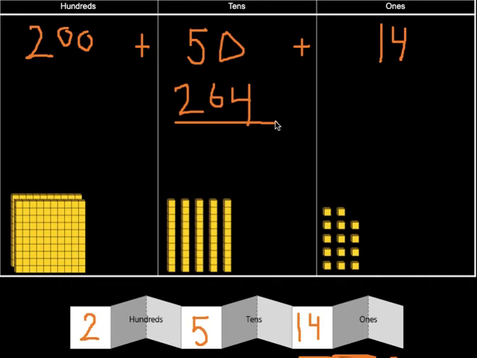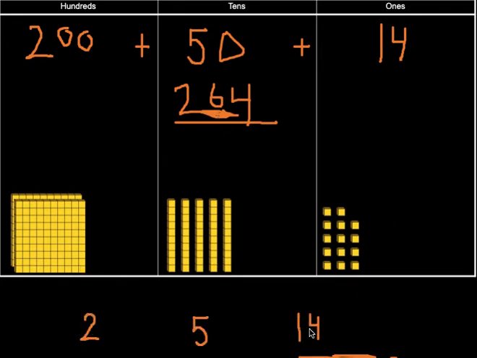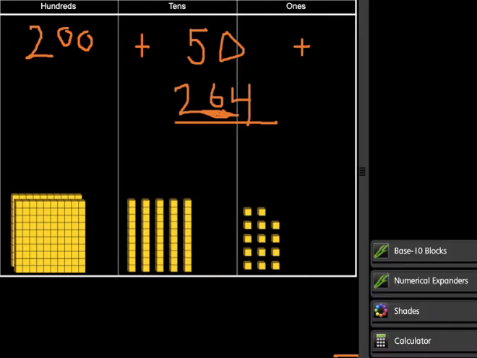How many tens blocks are we going to have in the end? What number is in our tens place for our total number? A 6 is, right? So I'm going to erase our number expander that's not giving us any help. Okay, and I'm going to add a new one.